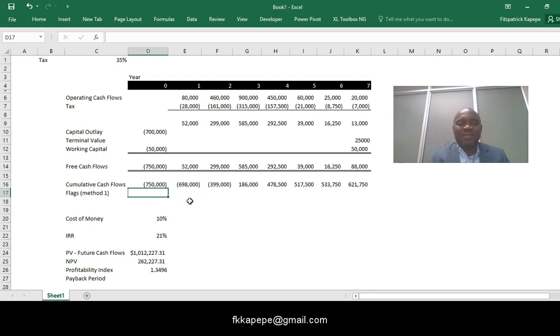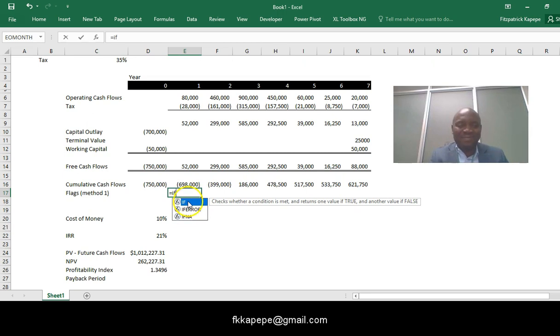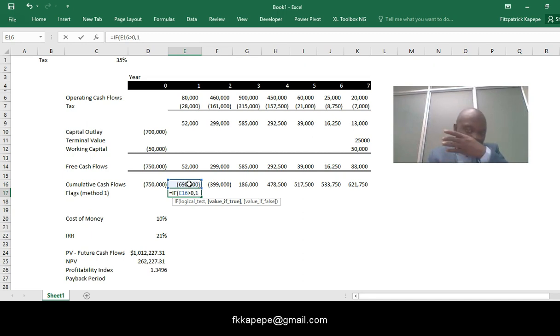So the first one, let me start with the one that is a bit complex. We'll say equals if this amount here is greater than 0, if it is, put 1, otherwise put 0.